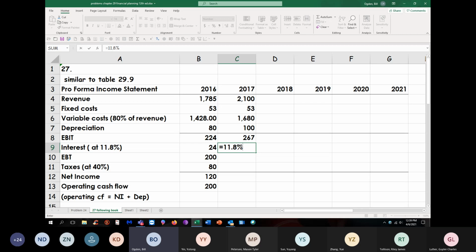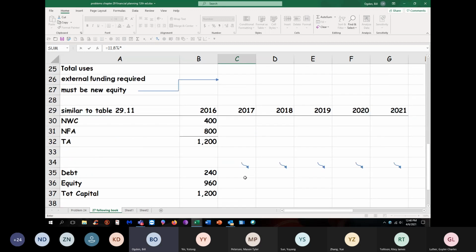If I were to set this up, not to solve a particular problem, but to conduct a full analysis, everything that could possibly change, I would have it parameterized at the top of the problem. So I'd have the interest rate up there, I'd have the tax rate up there, I would have the total asset turnover, which is now 1.75. I would have that up there. And so that way we could flex all of these numbers and just watch what happens without having to redo a thing. So we'll take 11.8% times our beginning debt.